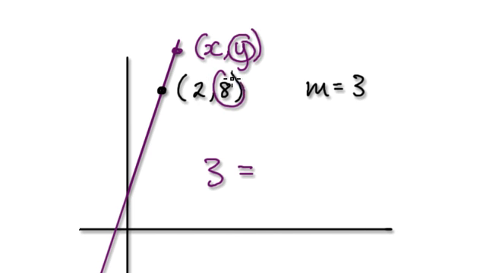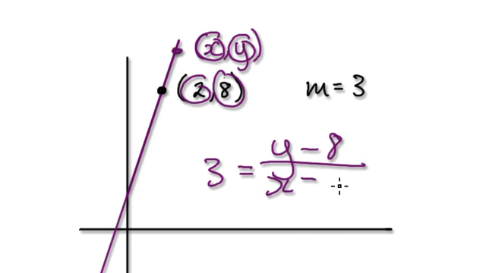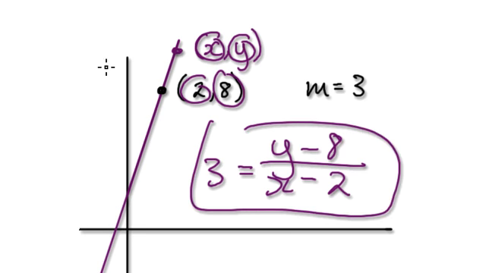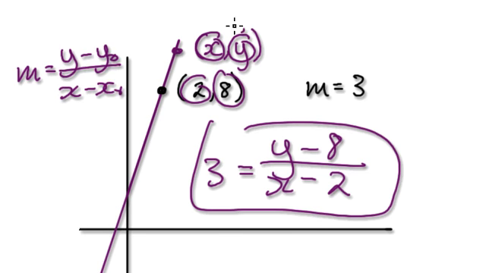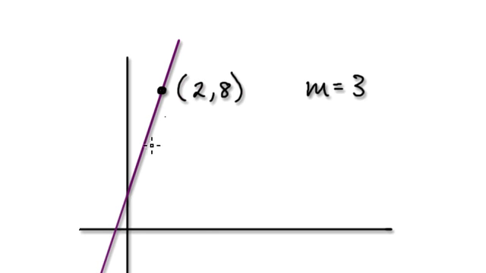So you would just get this take away this, y take away 8, and then this take away this. So here in a way is like m equals y take away y0 over x take away x0. And by the way, this (x, y) thing will still work even if it's down here somewhere. It will still work. Okay.